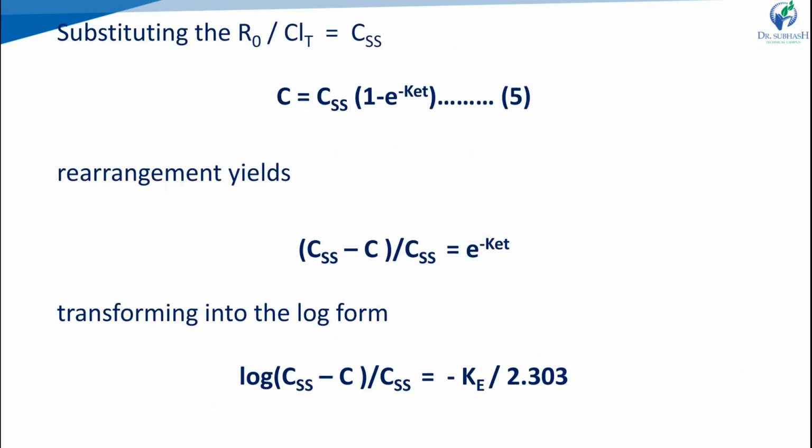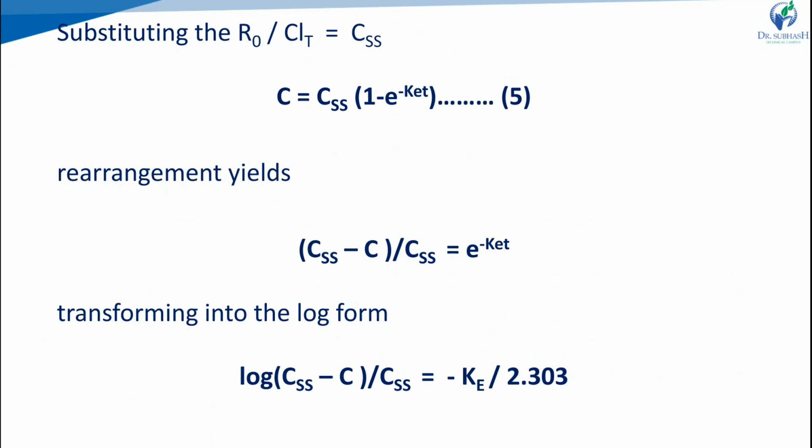Substituting R0 upon clearance is equal to CSS into the previous equation, it becomes C is equal to CSS, in the bracket 1 minus e raised to minus Ket. Rearranging that equation, we get CSS minus C upon CSS is equal to e raised to minus Ket.